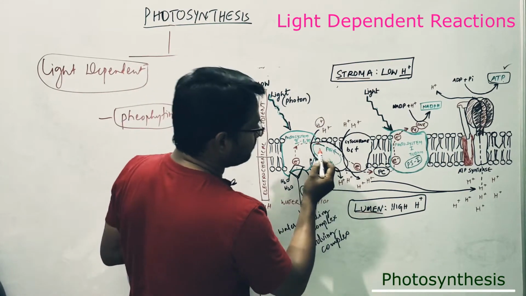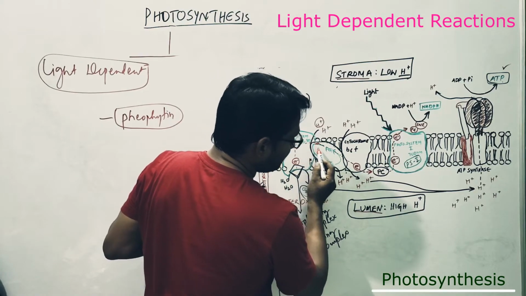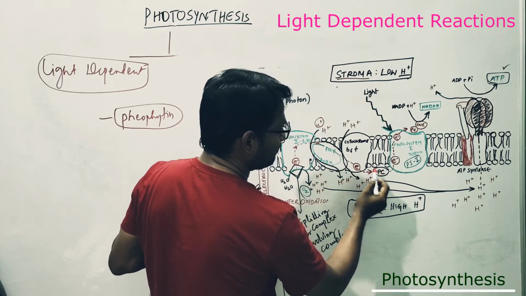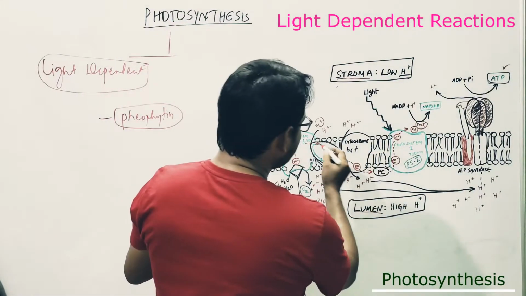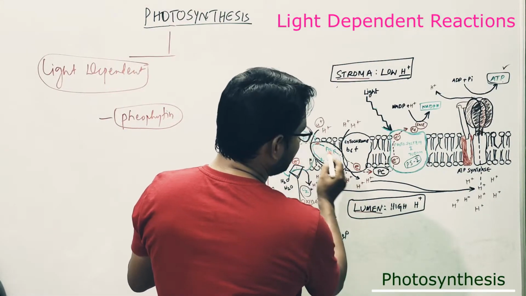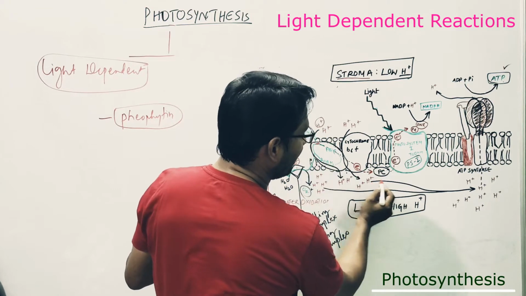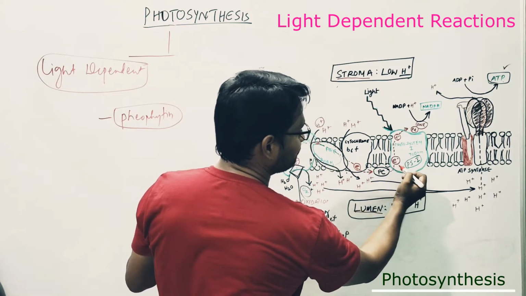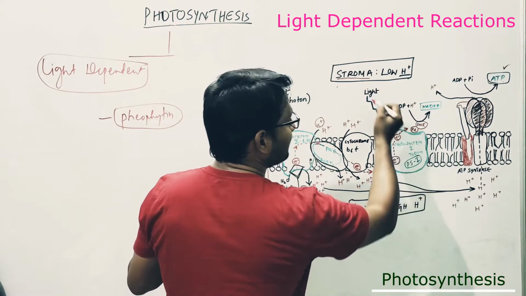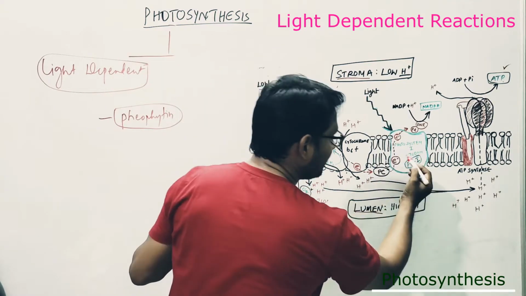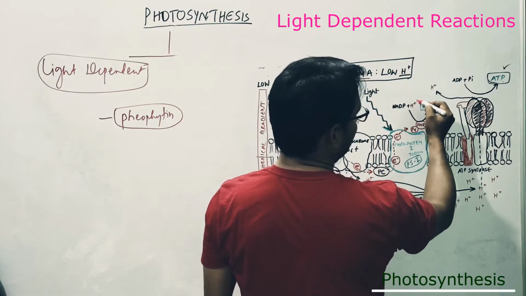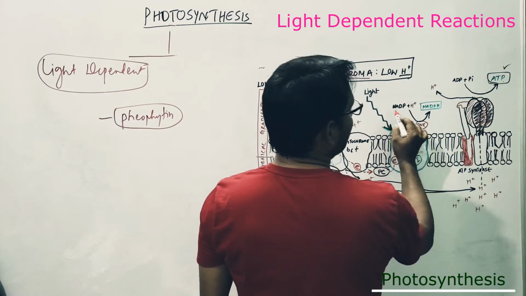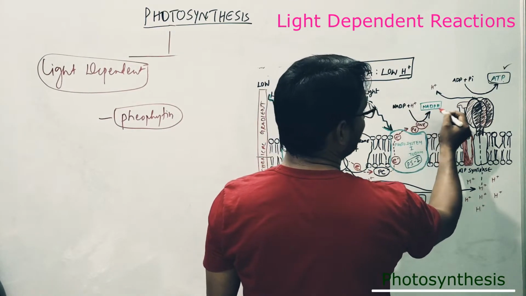The hydrogen ion from the stroma side is taken up, forming PQH2. Again, the electron is transferred to plastocyanin with the help of the cytochrome B6F protein complex. As the electron moves, it loses energy. When the electron reaches photosystem 1, a photon hits again and the electron gets excited. This electron, with the help of hydrogen ion, is used in reducing NADP to NADPH.